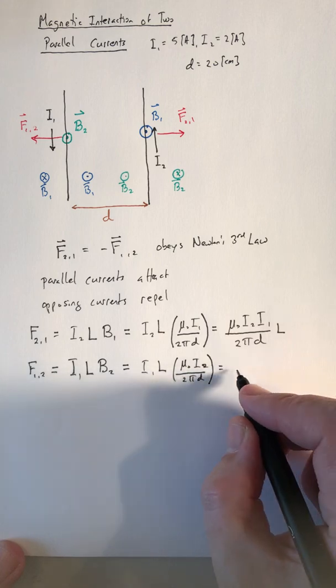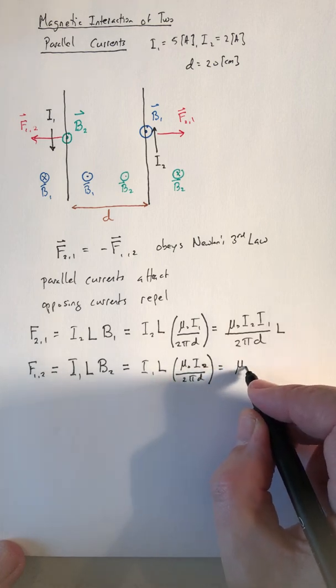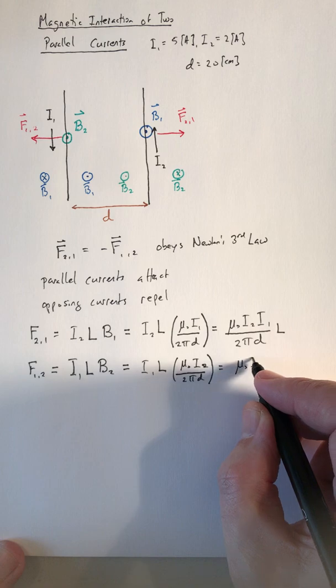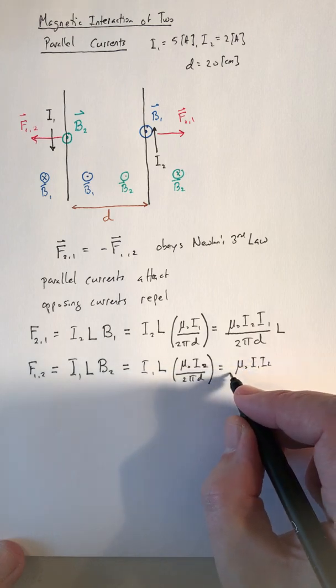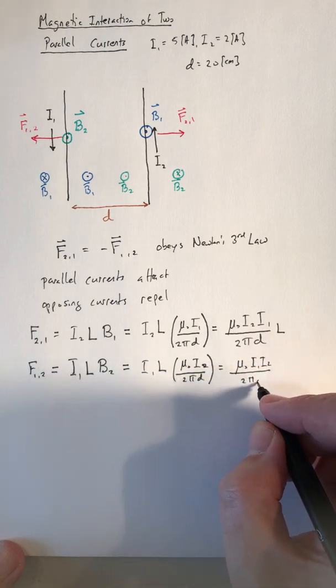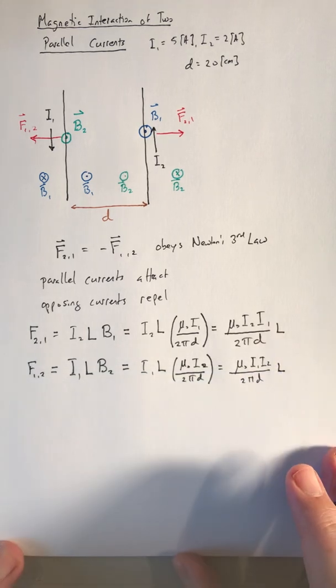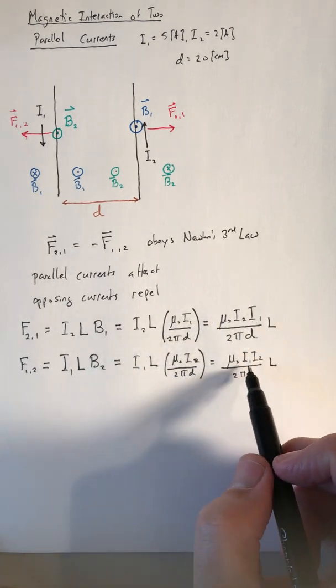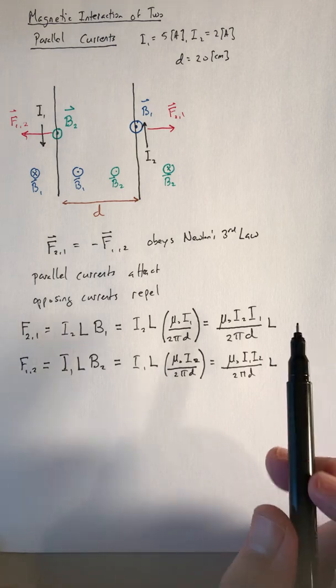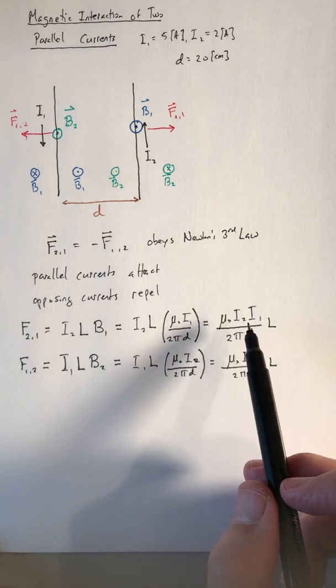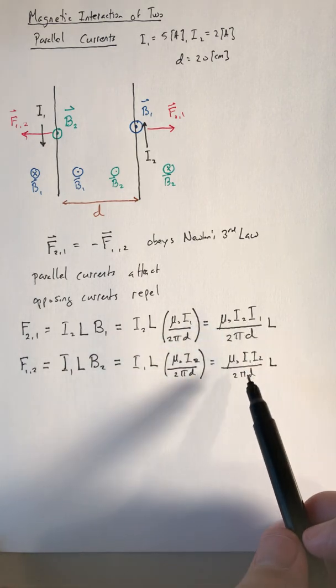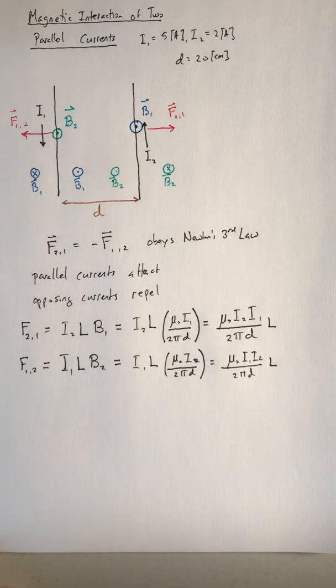So that's going to be mu naught I1 I2 over 2 pi d times L. And it doesn't matter whether we multiply 2 times 5 or 5 times 2, we're going to get the same answer.